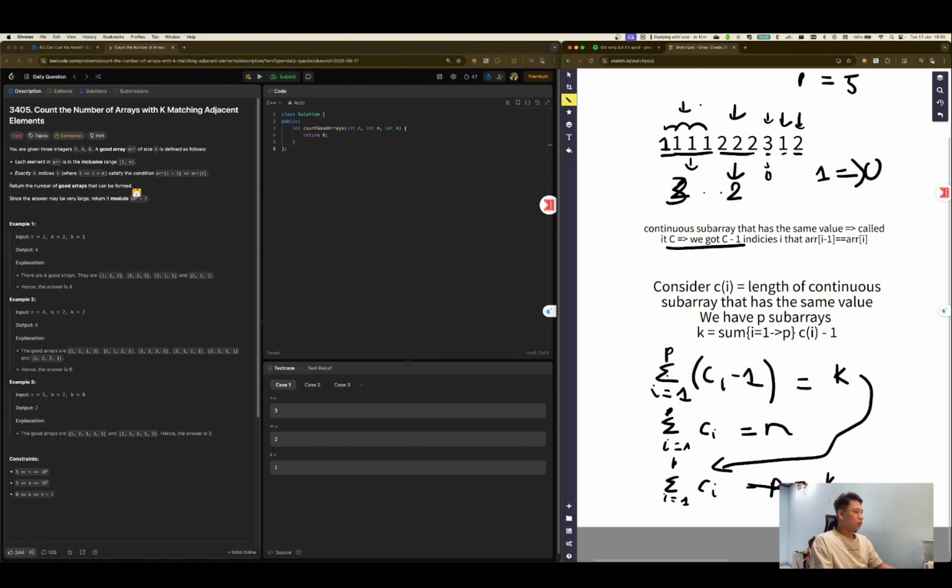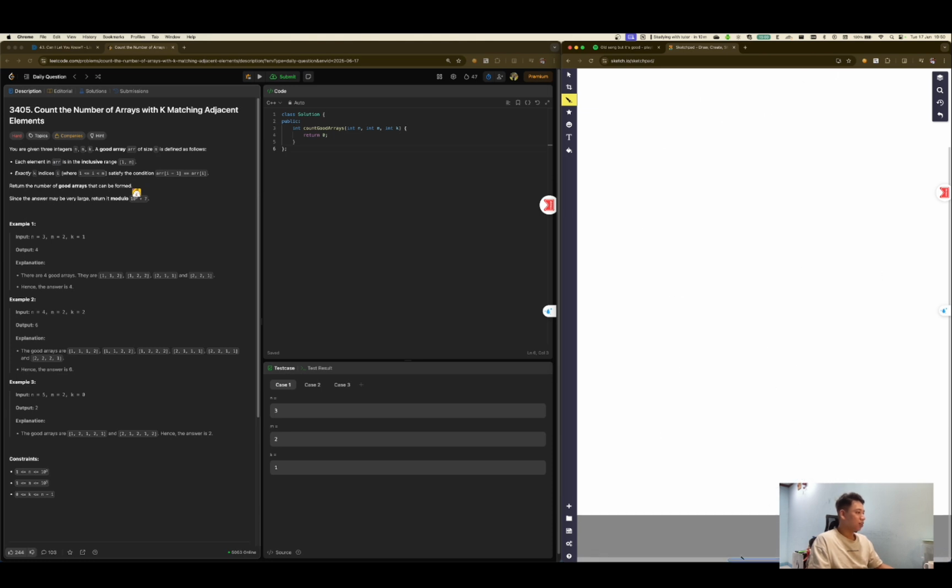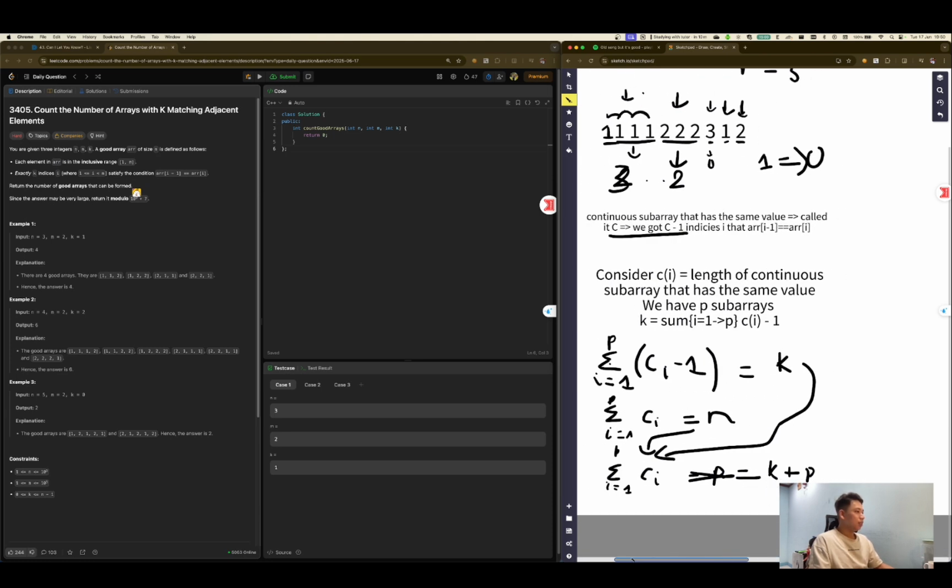So we move p from the left side to the right side and change the sign: we got k plus p, and this is equal to n. So n equals k plus p. What does it mean? It means p equals n minus k, which we already know because n and k are given in the statement.